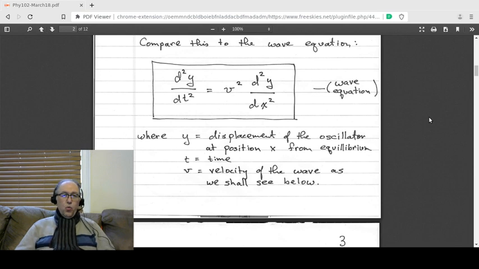So there I have, y is the displacement of the oscillator at position x from equilibrium. So it's how far the oscillator, which is at position x, displaced from equilibrium. t is the time, and v will turn out to be the velocity of the wave.